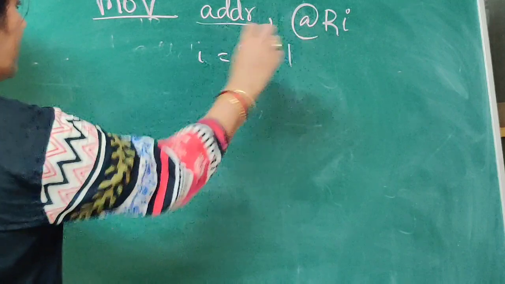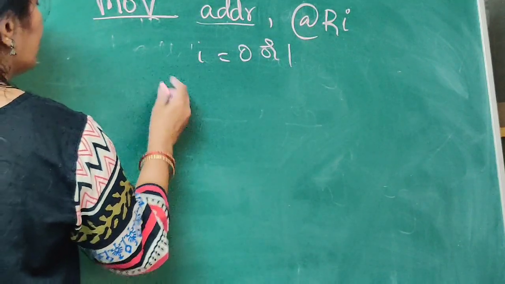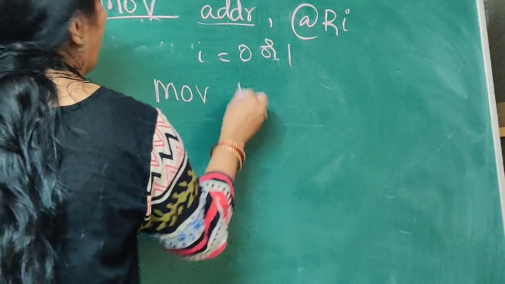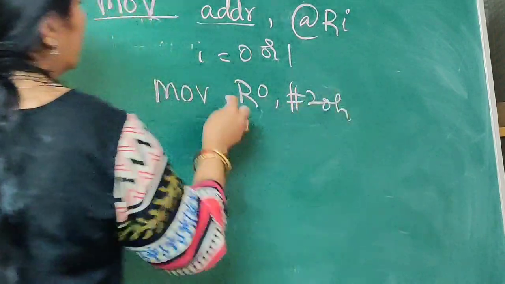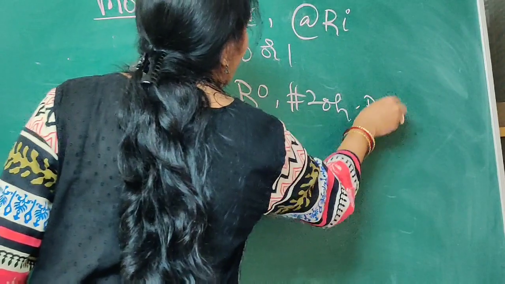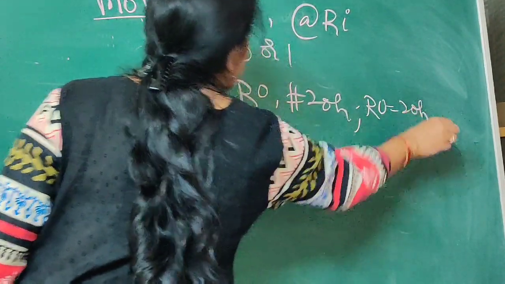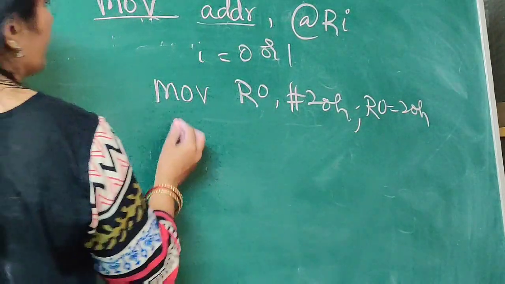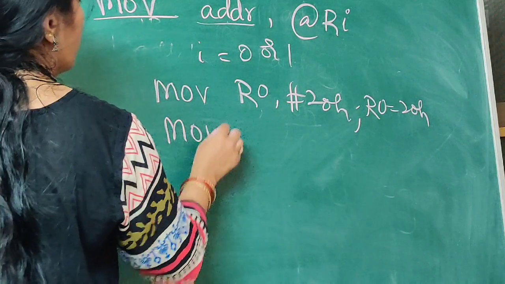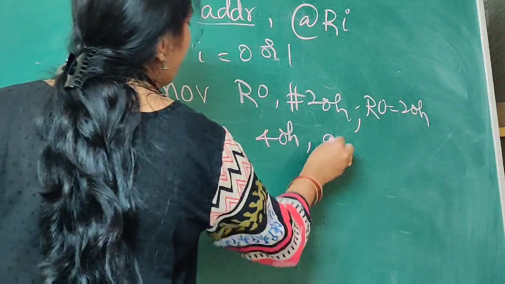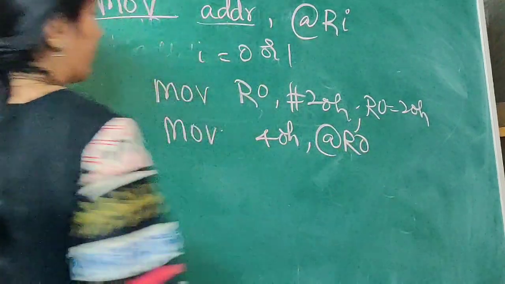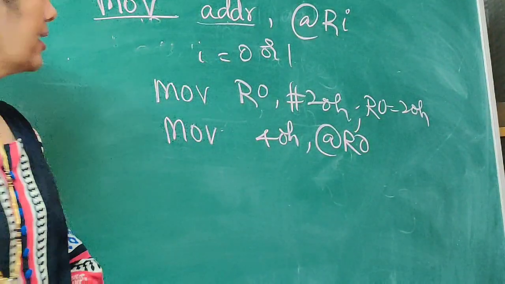Let me take an example. Say move r0 comma hash 20 hex. ಅಂದ್ರೆ r0 ಒಳಗೆ ಏನು ಲೋಡ್ ಆಯ್ತು, r0 ಒಳಗೆ 20 hex ಲೋಡ್ ಆಯ್ತು. Okay, now and write move 40 hex comma at r0.